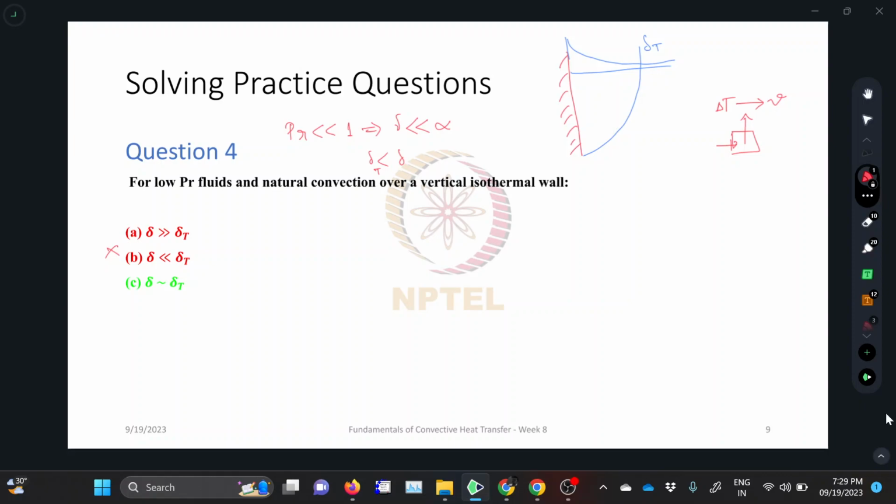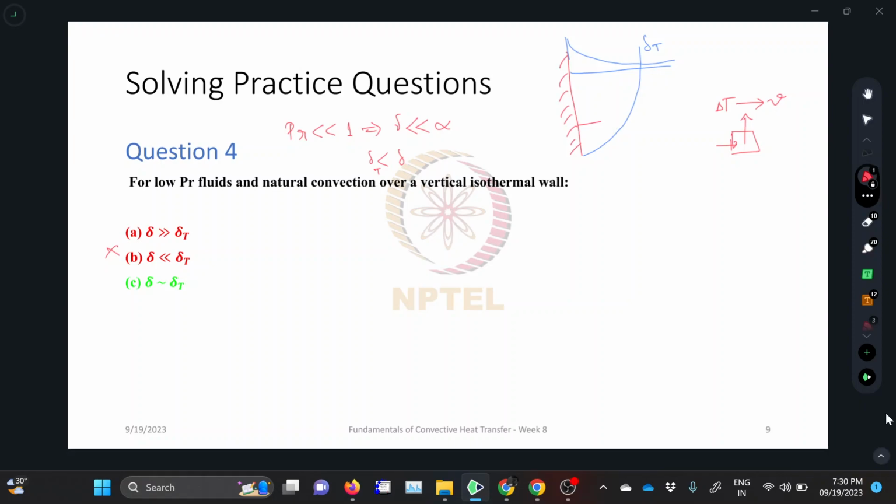So in the entire region within the thermal boundary layer, the fluid gets heated up, even by a little amount, and that would result in an upward velocity. So it's not that just because alpha is much greater than nu, delta would also be much less than delta T, because wherever there is a temperature difference, there will be a velocity.